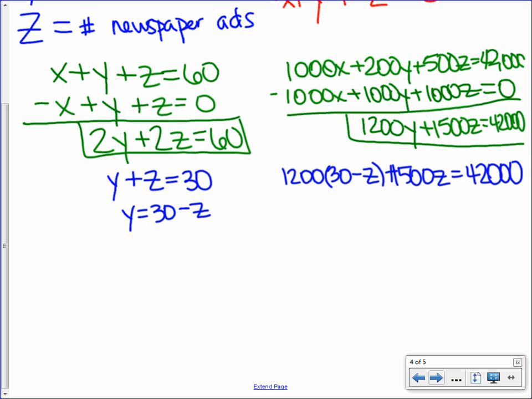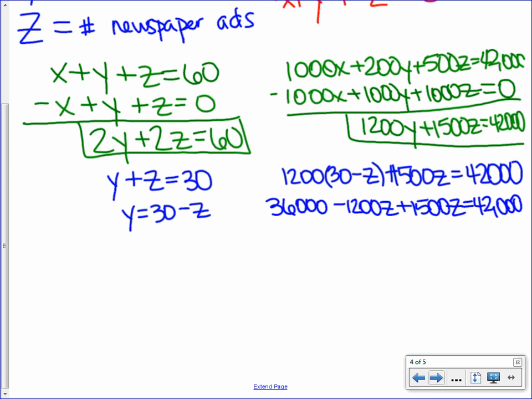1200 times 30. Good. 36,000 minus 1200Z plus 1500Z equals 42,000. Okay.